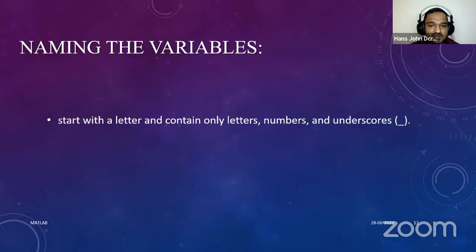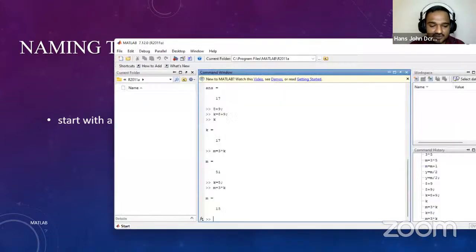Okay. So there are some rules which have to be followed when you name a variable. This is quite common with most of the programming languages. It should start with a letter and contain letters, numbers, and underscore. But the key point here is you have to start with a letter. So let's see that.